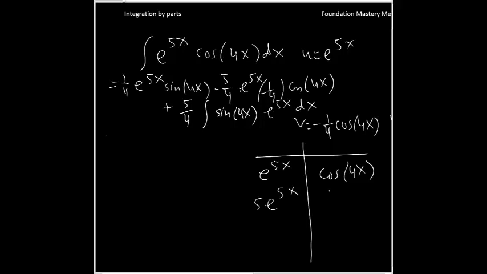Derivative of cosine gives me 1 over 4 sine 4x, integral, I'm sorry. And then derivative here is again another 5 will go in front, which is 25 e to the 5x, and then integral of this one will be negative 1 over 16 cosine 4x.